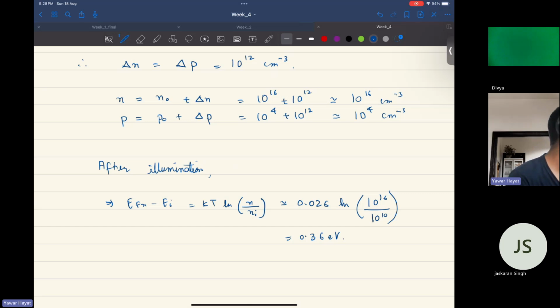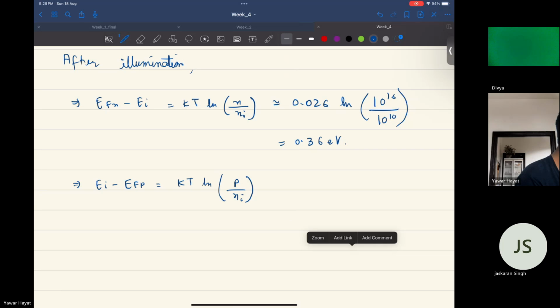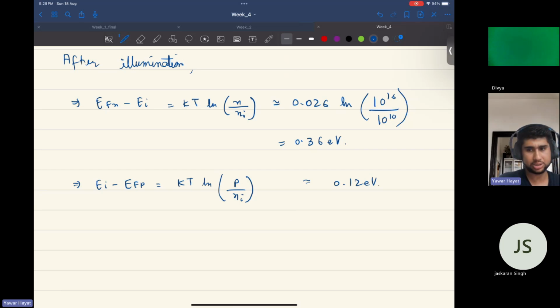Fine. And your EI minus EFP would be KT ln of P by Ni, right? Yeah, and it comes out as 0.12 electron volt, right? So we have two different Fermi levels to capture this situation, right? And hence it's a non-equilibrium case, obviously, because we illuminated the sample.